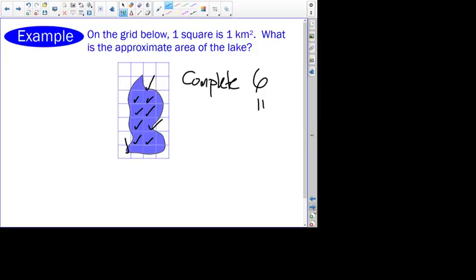If we were to add, say, this one up here with this one down here, that would be another one. If we were to add these two together here, that would be another one.